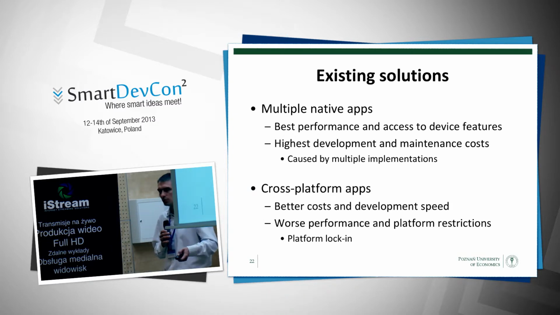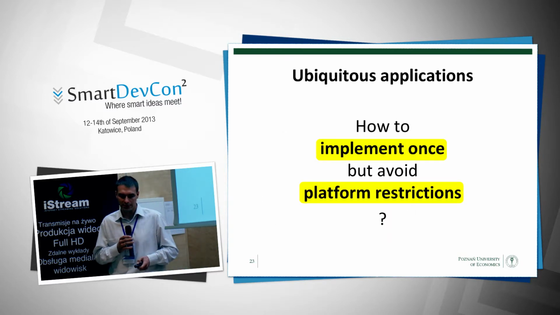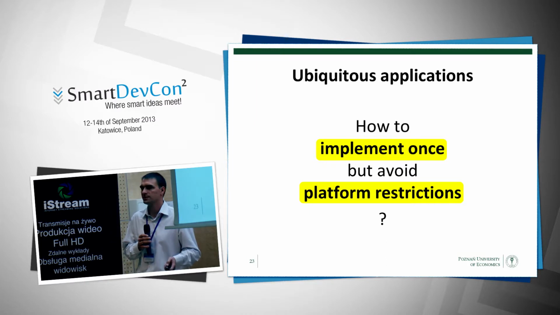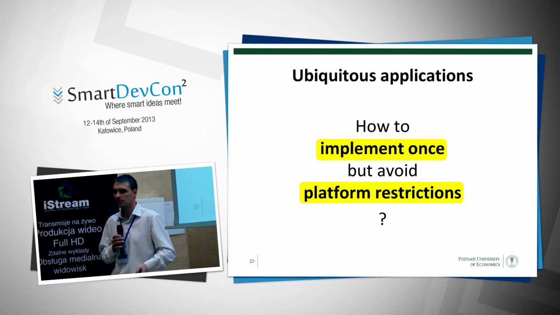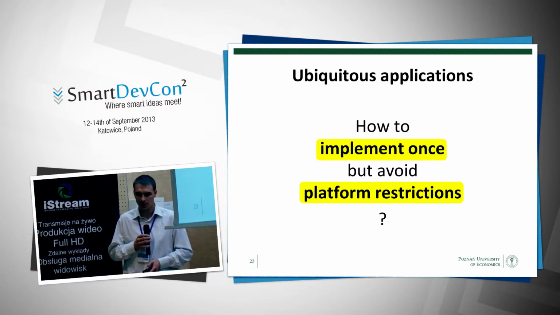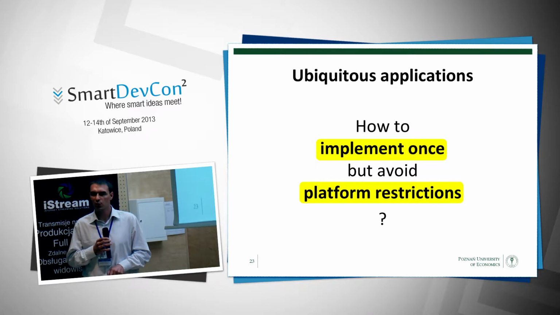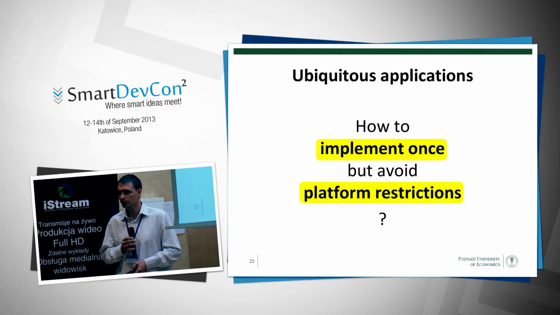What we are trying to do is find a solution which would allow us to implement an application once, avoiding the high cost of implementing all the native versions, but staying away from platform restrictions caused by cross-platform tools.